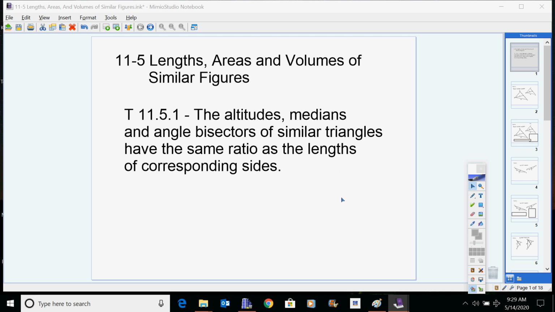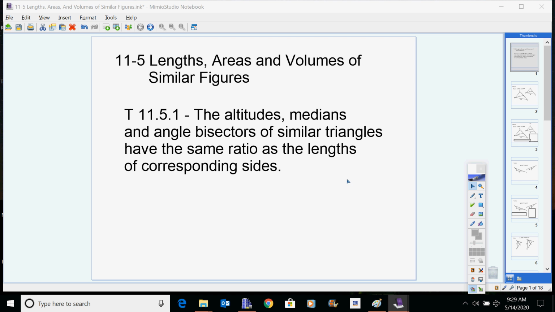Okay, so today, lengths, areas, and volumes of similar figures. It has to do with, again, some proportionality. When you have certain segments that are in triangles or certain geometric figures, you can look at them as also being proportional. So for example, we talked before about altitudes and medians and angle bisectors in triangles.